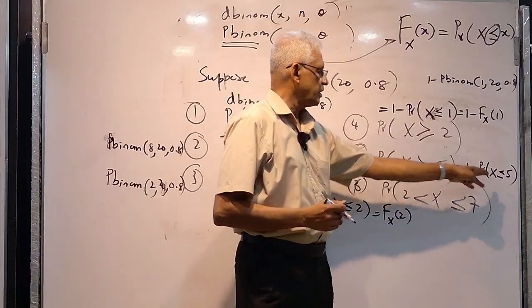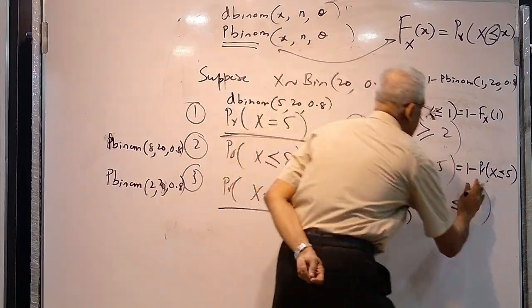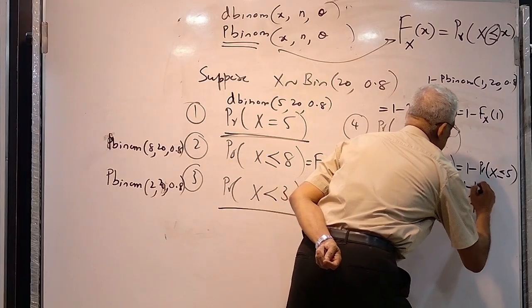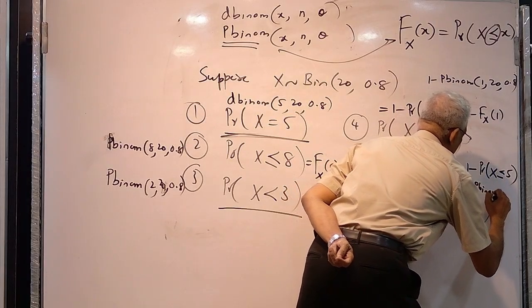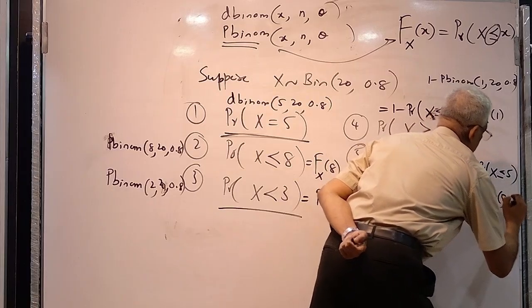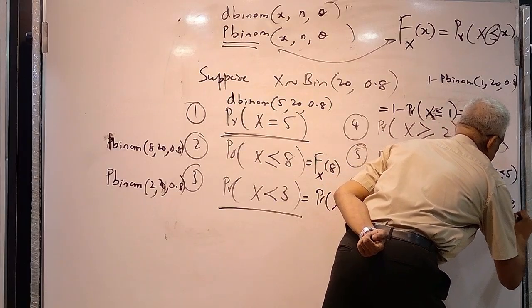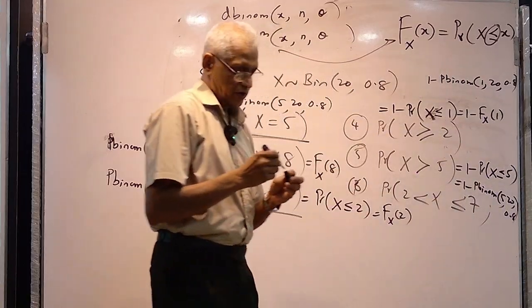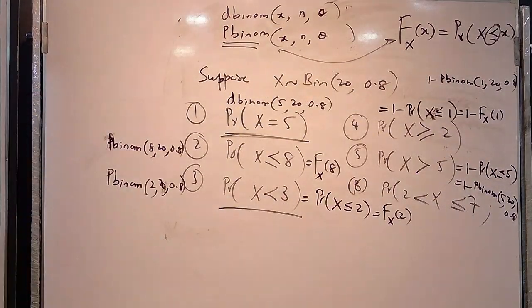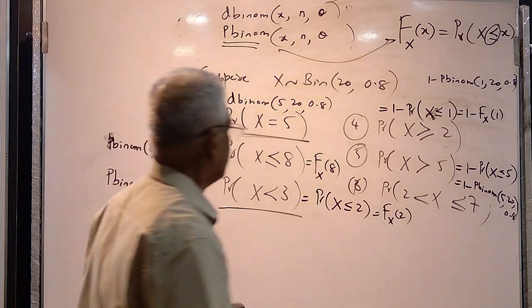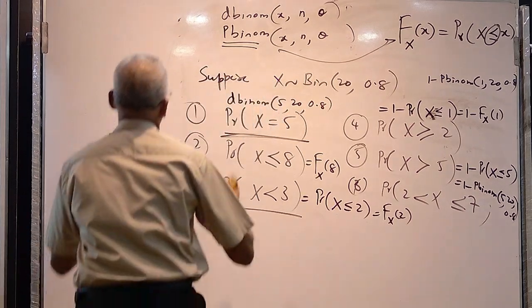So 1 minus the complement of that. So therefore this is equal to 1 minus p binom 5, 20, 0.8. P binom 5, 20, 0.8. So always remember to work with the equal sign, the cumulative probability.